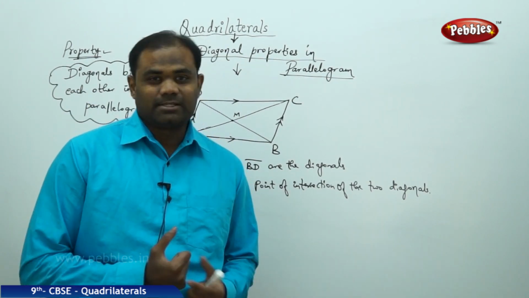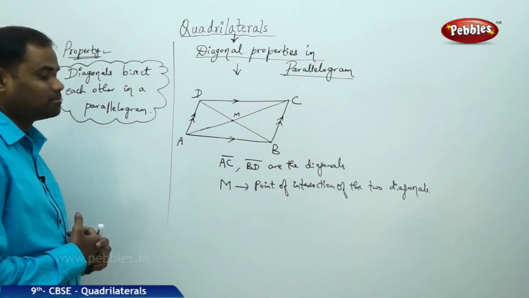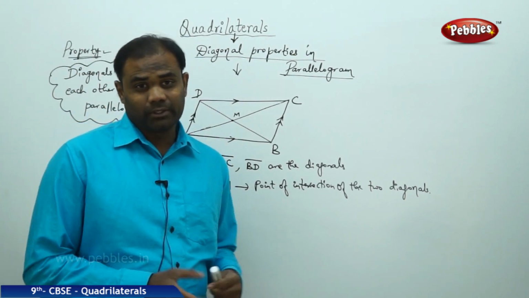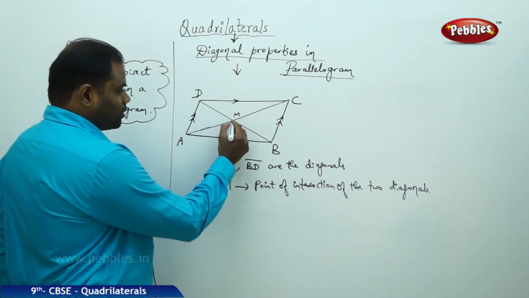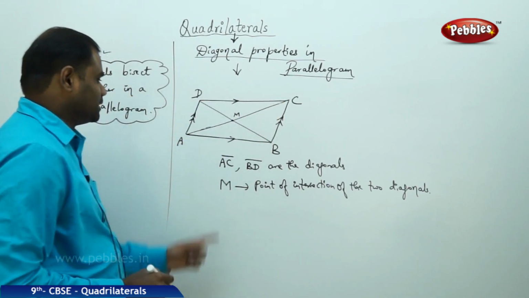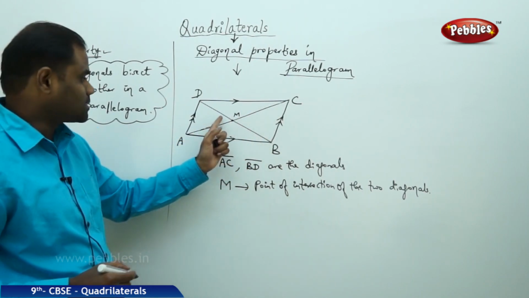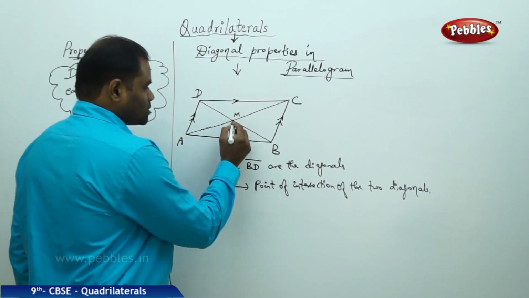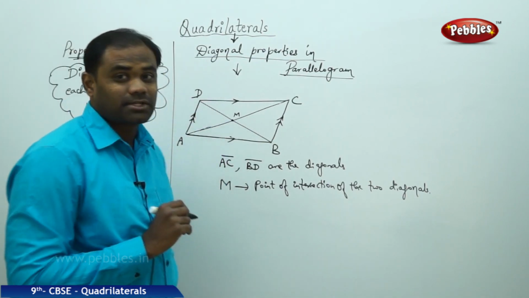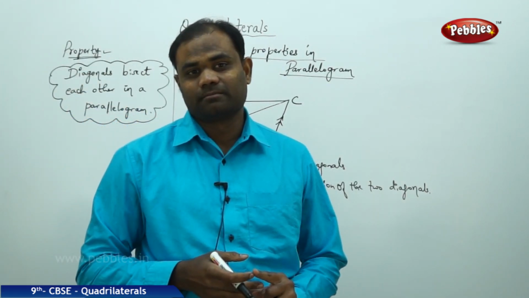What do we mean by bisect? The word bisect means cutting at the midpoint. That means for the diagonal AC, the midpoint or the exact middle point of the distance A to C is M, then clearly the middle point of BD is also M. It's how we understand bisecting each other.